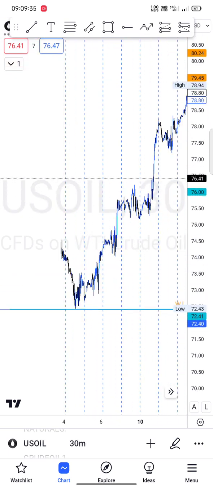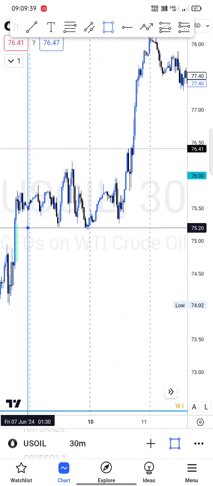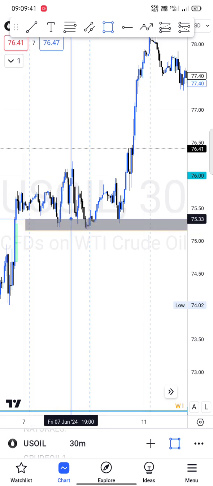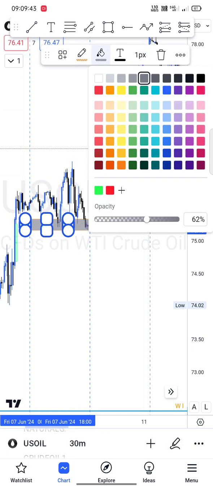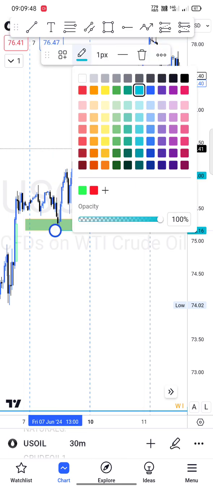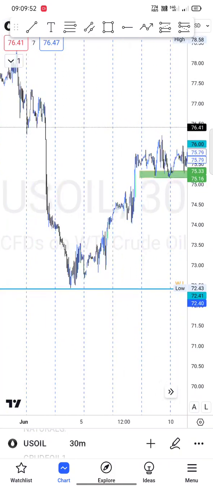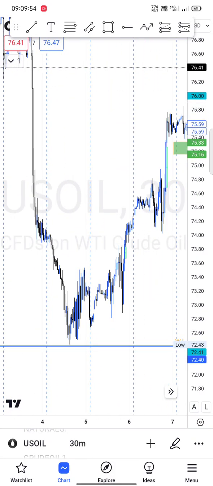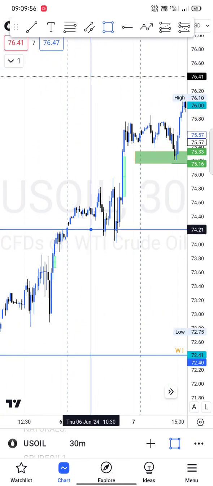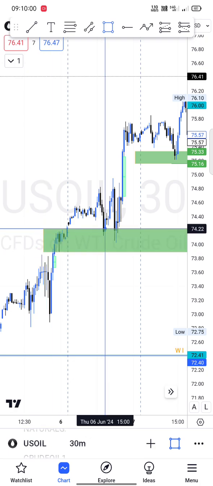So the market here is at the 30 minutes time frame support area. Next support here. This is one, and here also. This is huge.